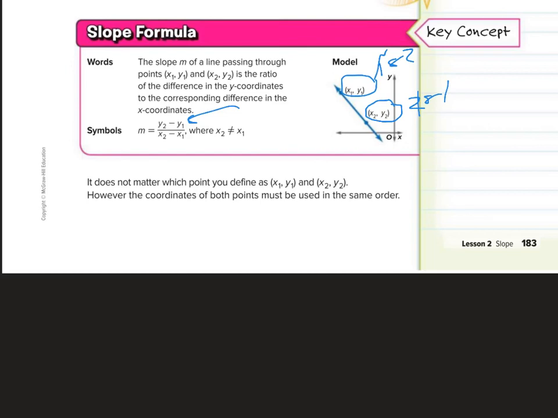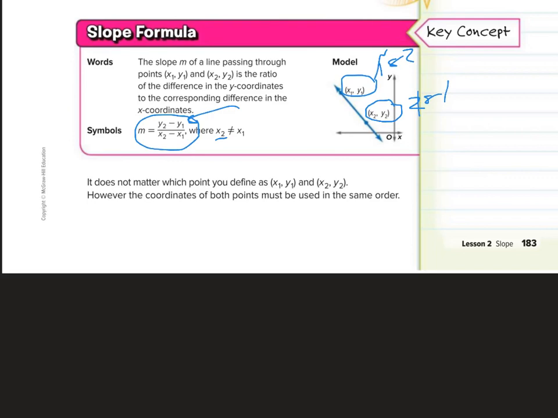So the slope, m, of a line passing through points x1, y1 and x2, y2 is the ratio of the difference in the y-coordinates to the corresponding difference in the x-coordinates. Here are the symbols, and this is the rule where x2 cannot equal x1.